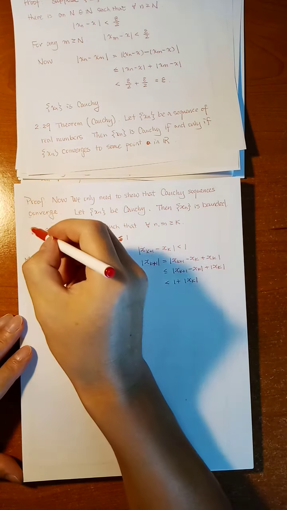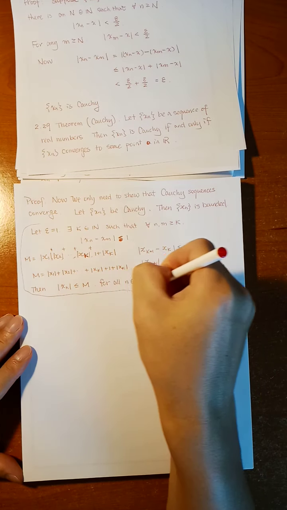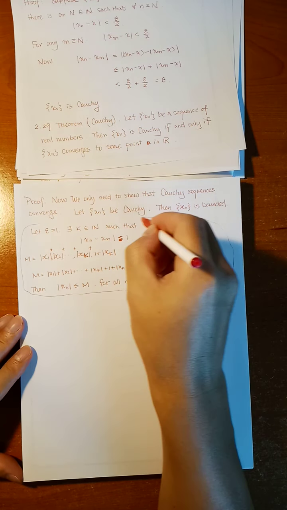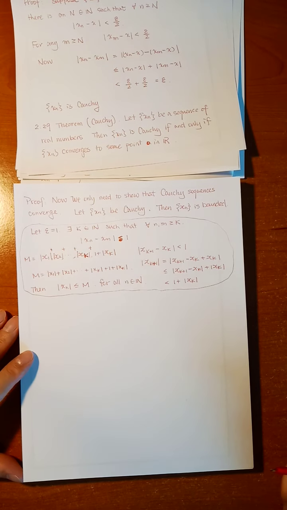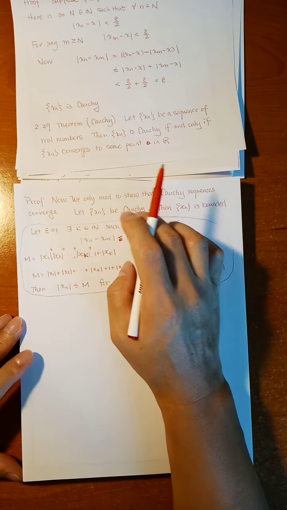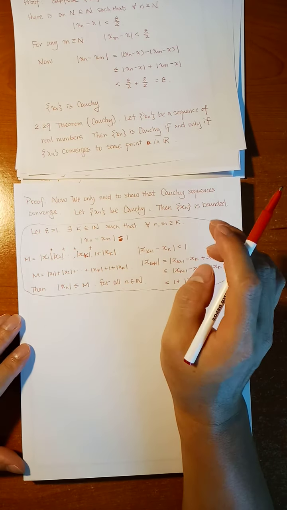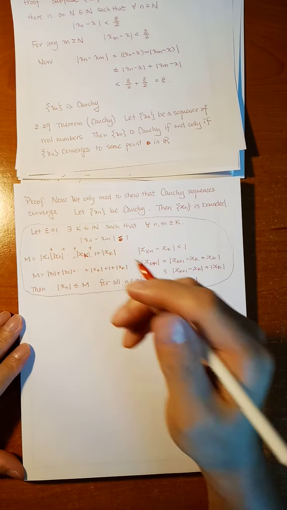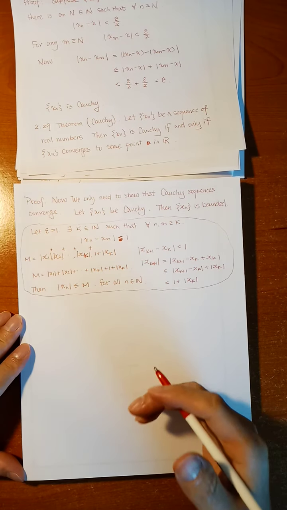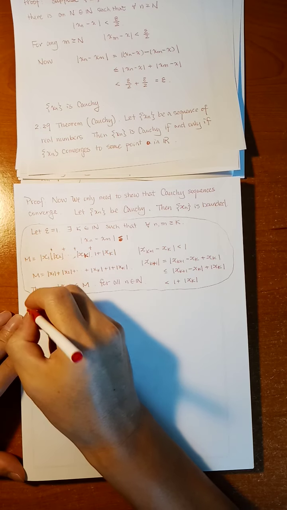You should be able to prove this in the exam. X is a Cauchy sequence, so X is a bounded sequence, and the Bolzano-Weierstrass theorem says every bounded sequence has a convergent subsequence.